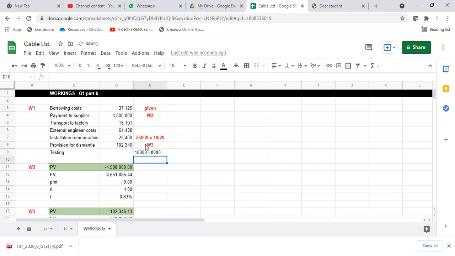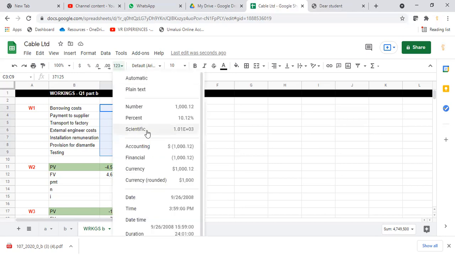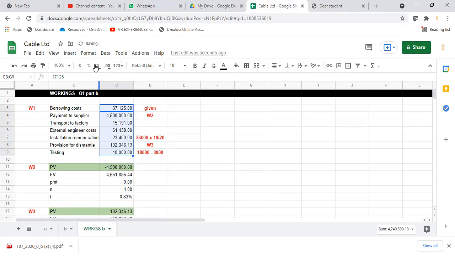So the testing needs to be net of the proceeds, and this is going to be 18,000 minus 8,000. That's important to take note of, so be aware of that. Don't lose that easy mark. Proceeds from the testing reduce the testing costs.